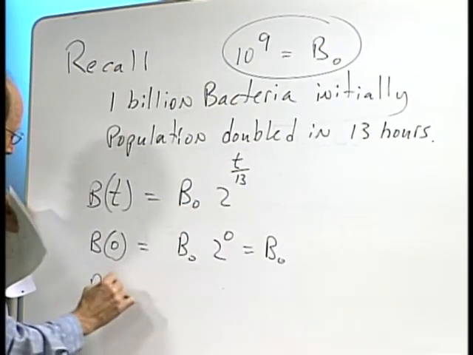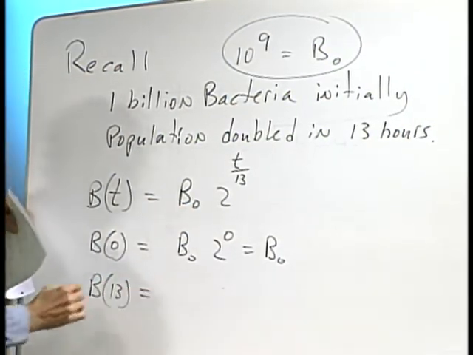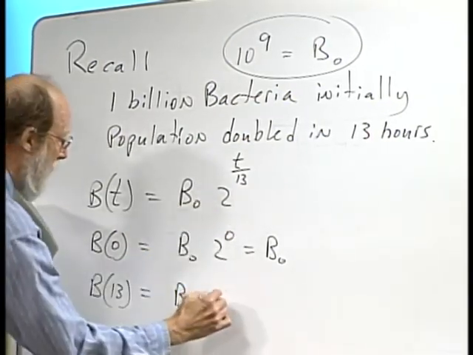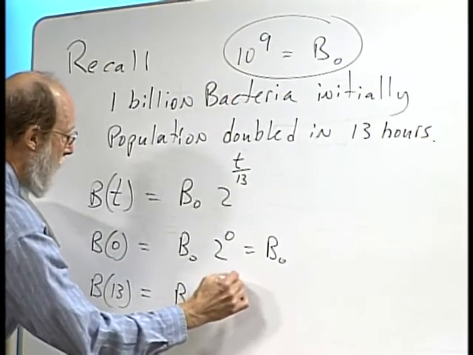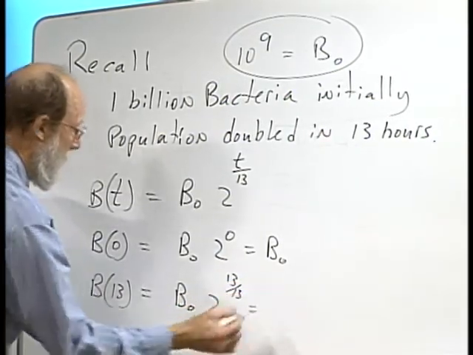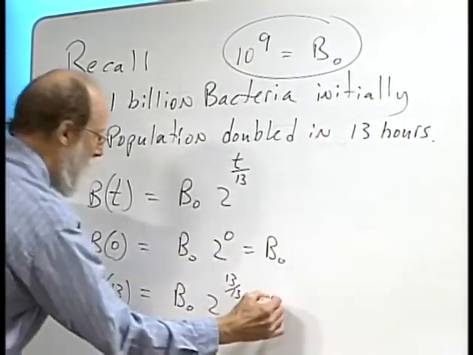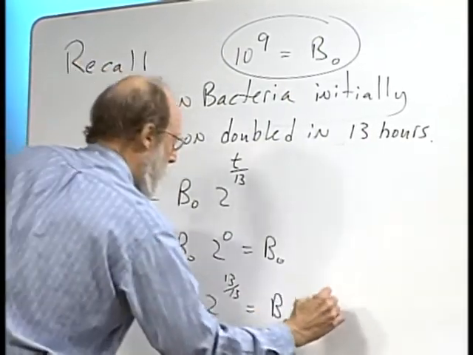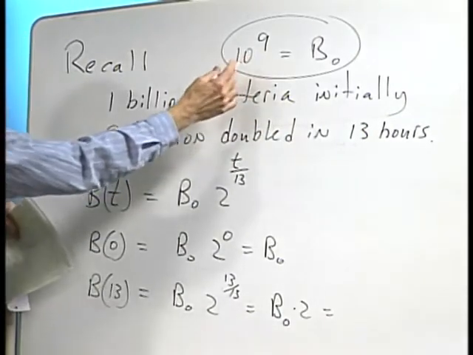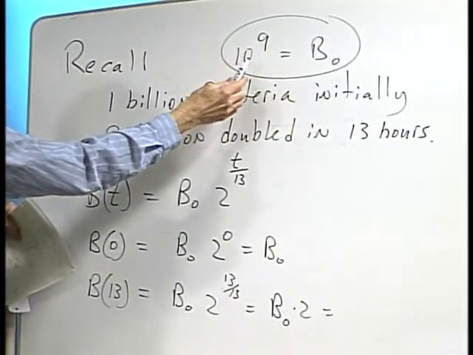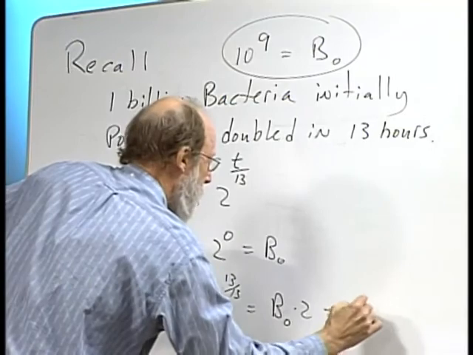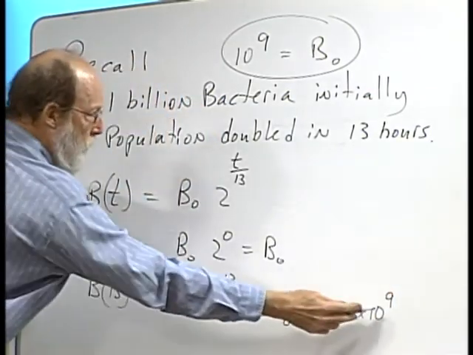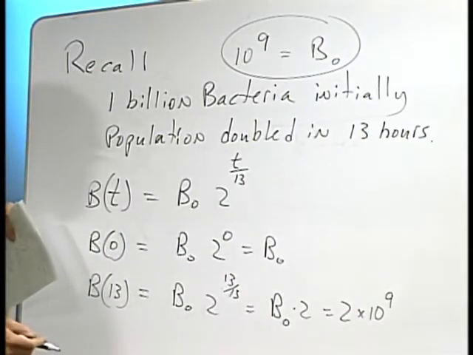At 13 hours, then we have that initial population times 2 raised to the 13 over 13, which is just 2 to the first power, so that's equal to B naught times 2, or in the case of our initial population being 1 billion, then we end up with 2 times 10 to the 9th in scientific notation, 2 billion after 13 hours.